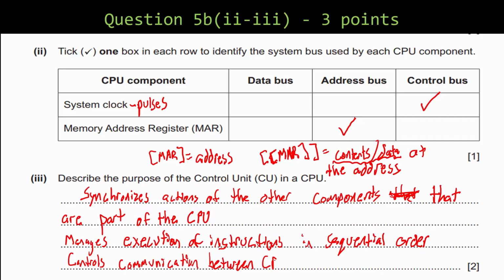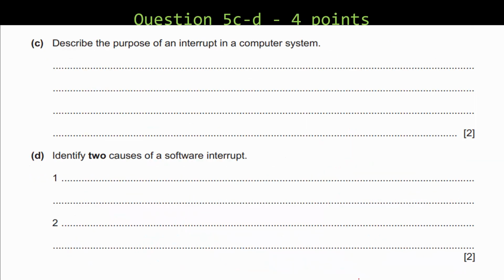If you go to the Little Man computer and spend some time with it, if you need a video, post a comment and let me know. If you spend some time with the Little Man computer, you'll see how it controls communication between all the CPU components, all the different registers and what they do. All right, so with that, let's move on to the next part, C and D.